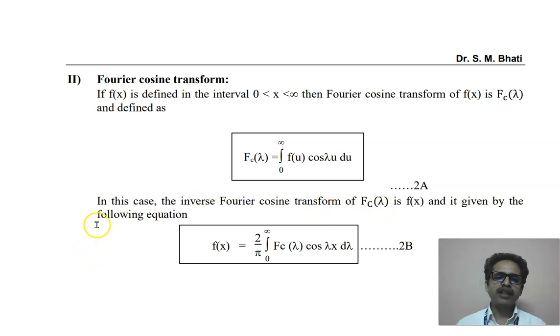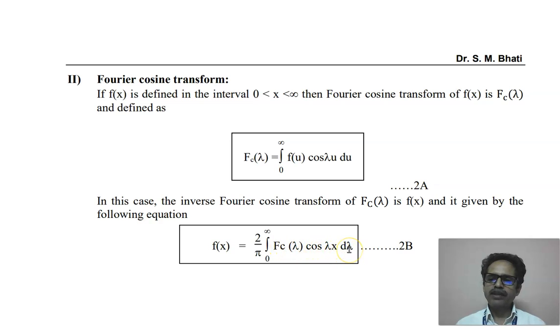That means we can say that in this case the inverse Fourier cosine transform of Fc lambda is f of x, and it is given by the equation f of x is equal to 2 upon pi integration from 0 to infinity Fc lambda cos lambda x d lambda.